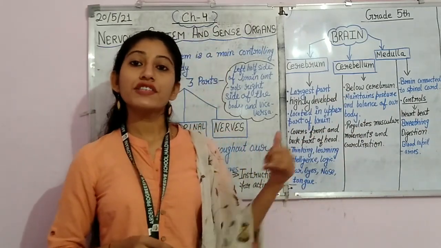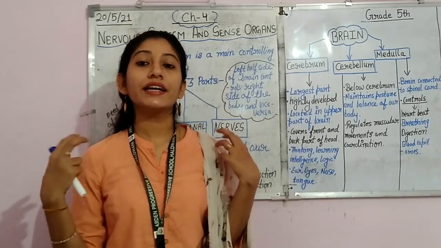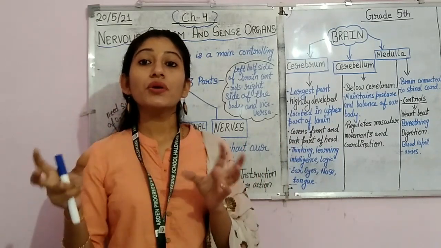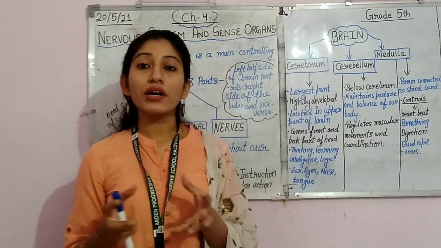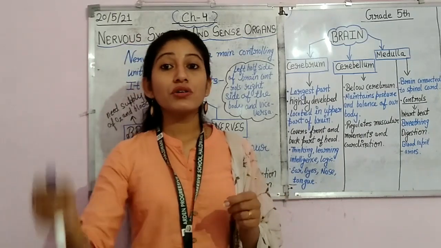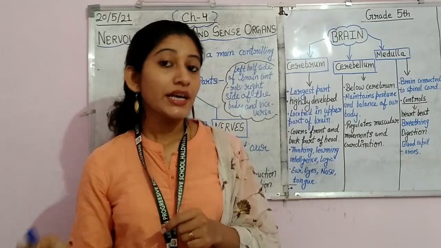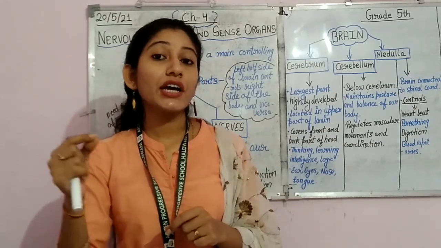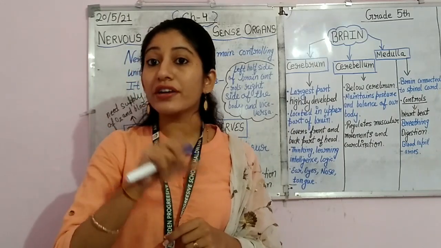Similarly, in the case of the cerebellum, when I said that it regulates muscular movement and coordination, muscular movements are of our choice, and the muscles that function according to our will are called voluntary muscles.